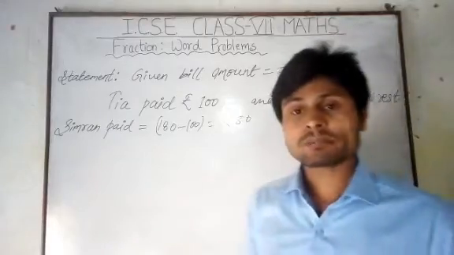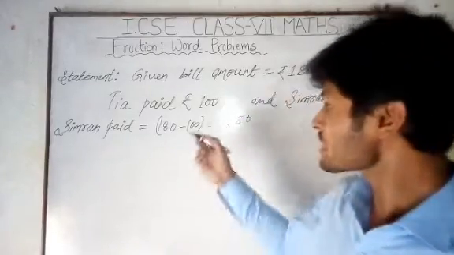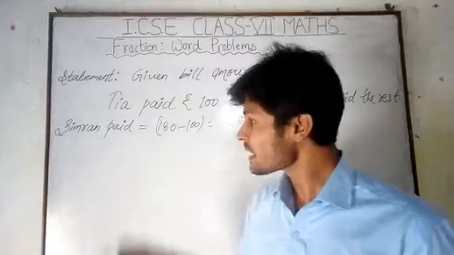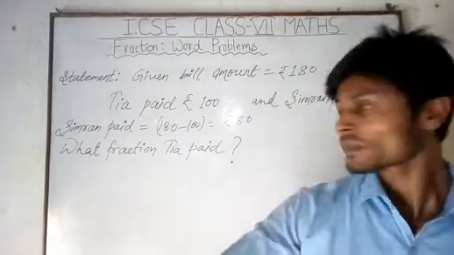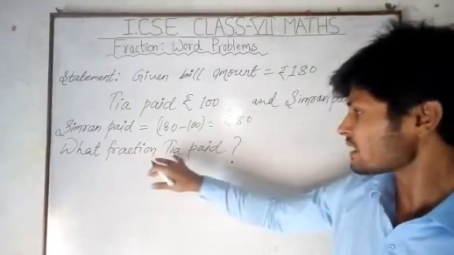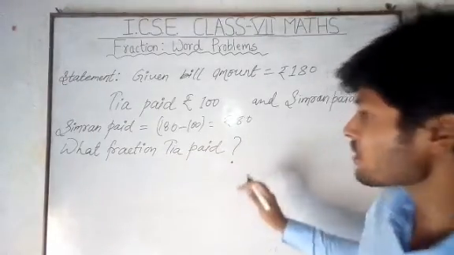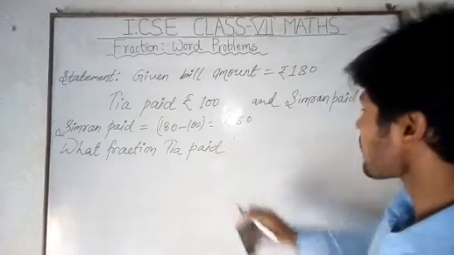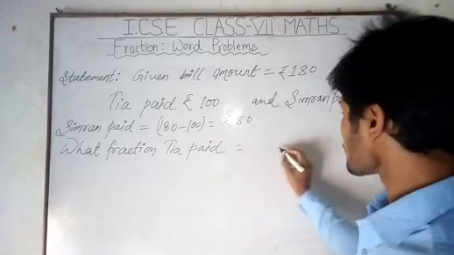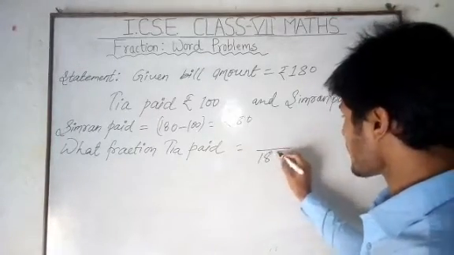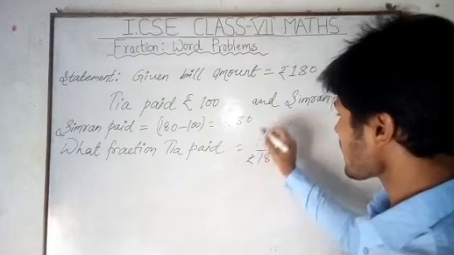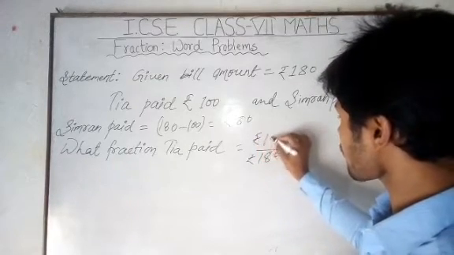Now if we want to present those in the form of a fraction, that means what fraction Tia paid. We all know the total bill amount is 180, and out of this 180, how much did Tia pay? Rupees 100.